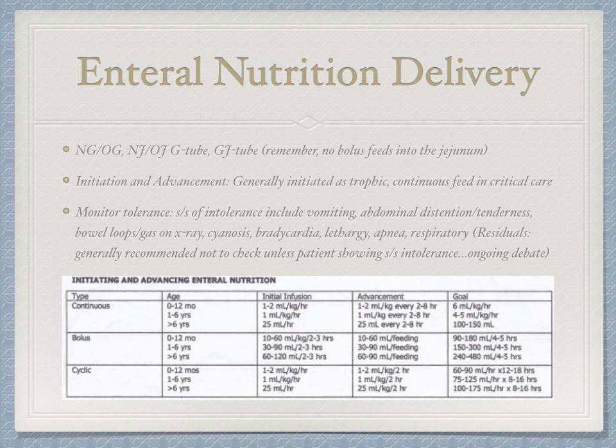It's not really generally recommended to check residuals, same in children as in adults, but that's a culture that is hard to get rid of, and most nurses will try to sneak it in just to see what the residual is doing, but we're still trying to get them to do it as a sign and symptom based test. The exception to this rule is in the NICU, where we do regularly check residuals due to the immaturity of these GI tracts. We've got to make sure that they're even moving in the first place.